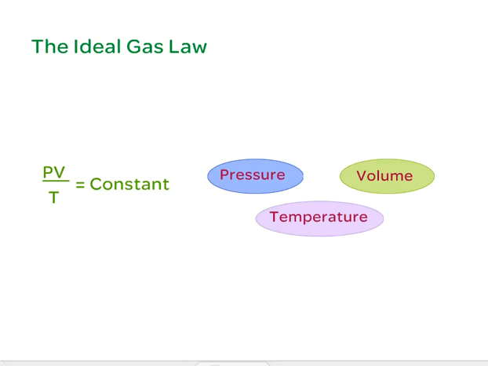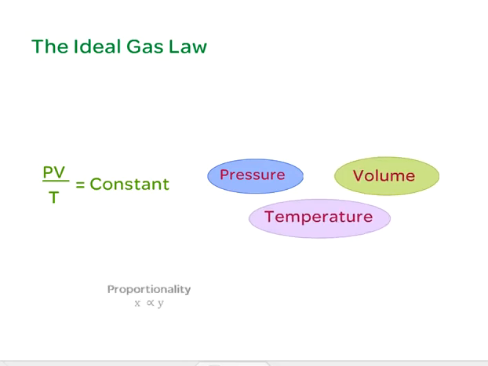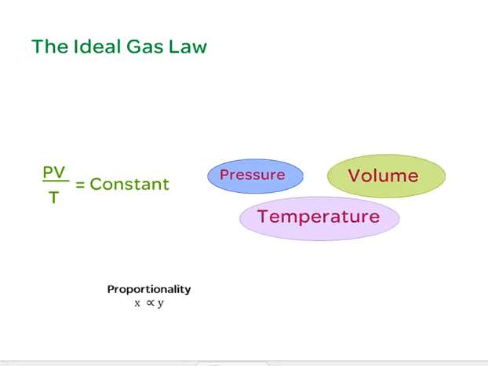The relation between pressure, volume, and temperature is known as the ideal gas law, which states PV over T equals constant. In this equation, P is pressure of gas, V is the volume occupied, and T is the temperature. In simpler terms, if pressure is constant, an increase in temperature results in a proportional increase in volume.